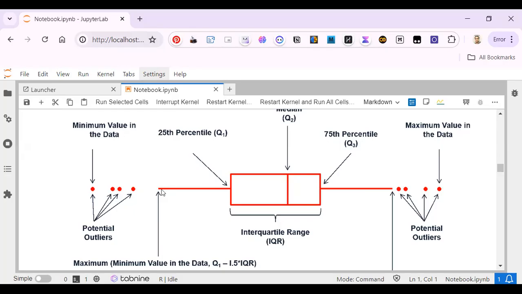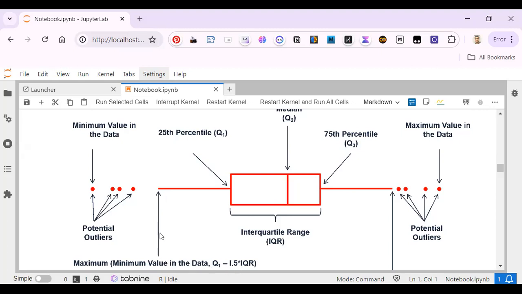What does it give us? There is one line, one box, a middle line, another line, and some dots. This is the general scenario of any box plot. The question here is what do the dots at the lower values indicate? These are nothing but outliers, meaning they are far away, before the first quartile. And this value is the minimum value in the data, Q1 minus 1.5 times IQR.